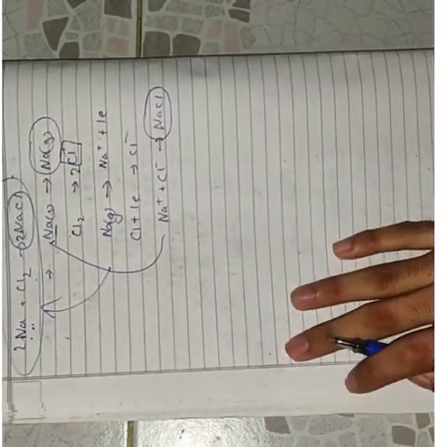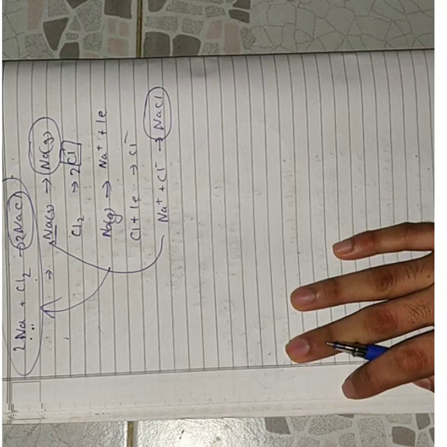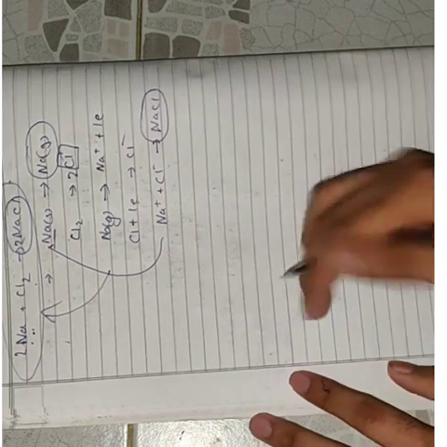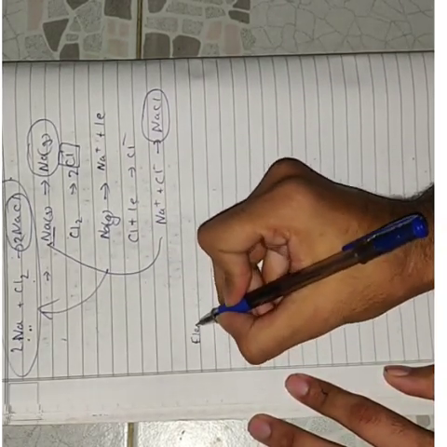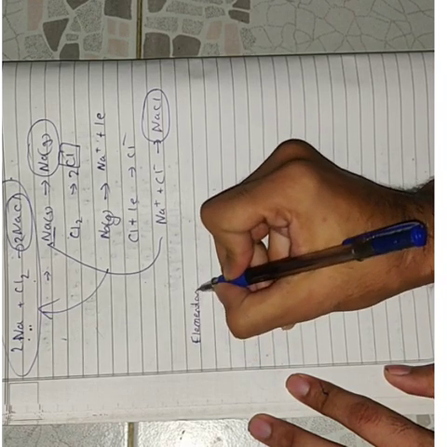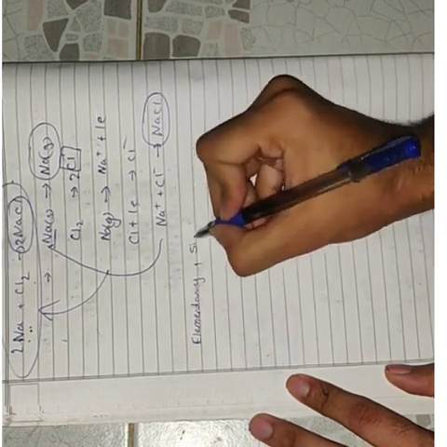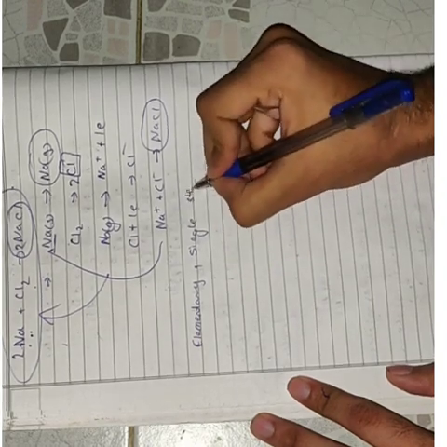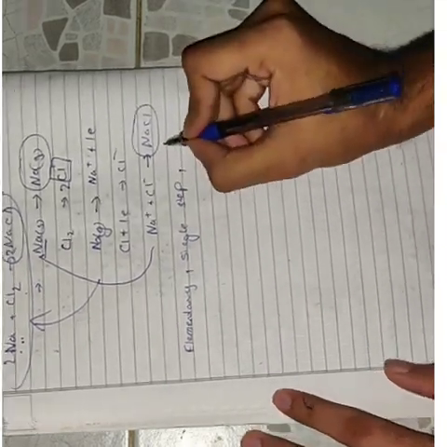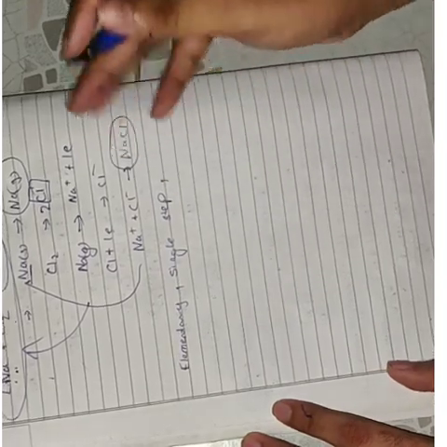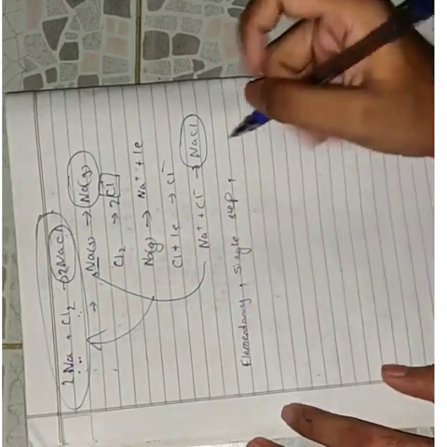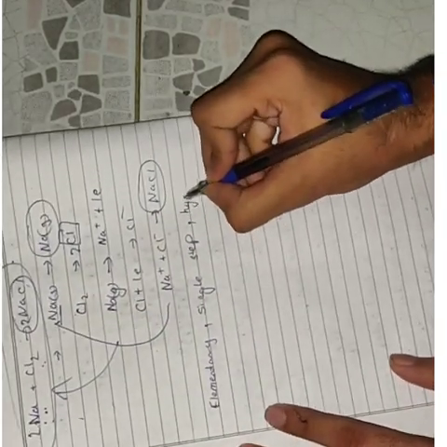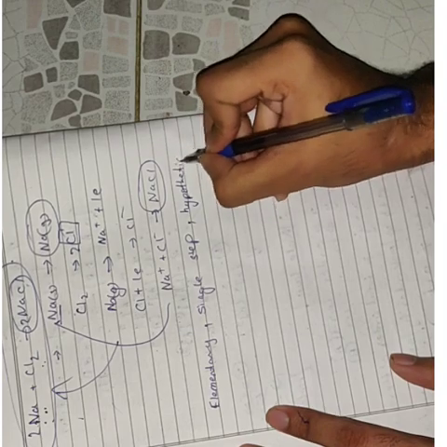However, there are many reactions which occur only in a single step, directly in a single step. Such reactions are known as elementary reaction or single step reaction, or maybe most of the time we assume that this plus this will give you that, so it is also known as hypothetical reaction.